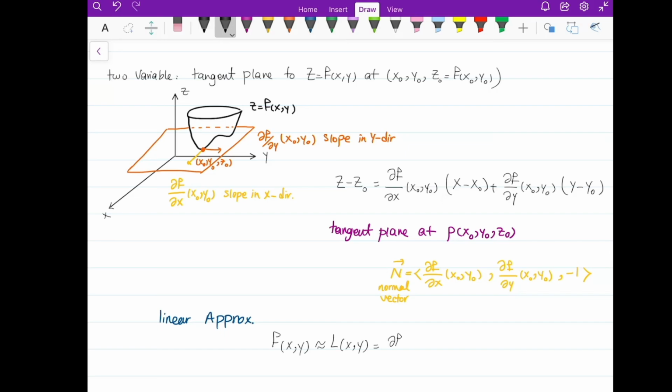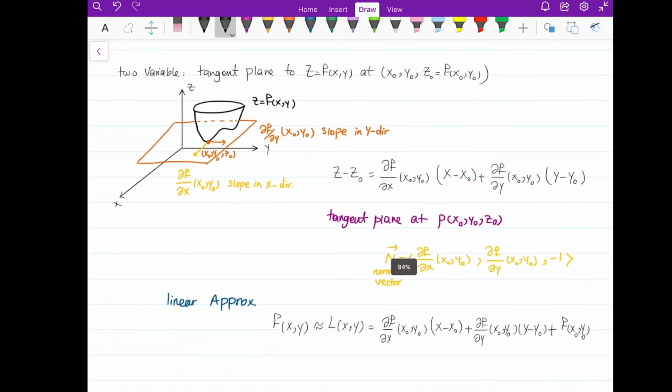So it would be the partial derivative of f with respect to x at x naught, y naught, times x minus x naught, plus the partial derivative of f with respect to y at the given point times y minus y naught, plus I'm going to bring z naught to the other side. And what is z naught? z naught is basically f of x naught and y naught. Okay, so that was the linear approximation using the tangent plane.